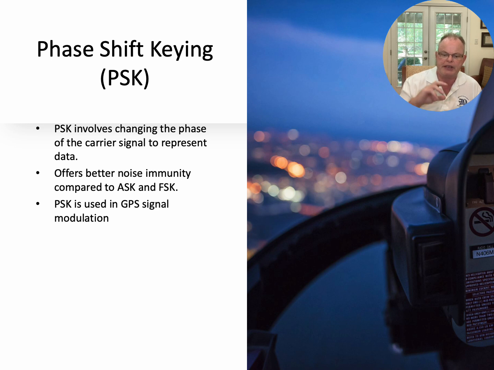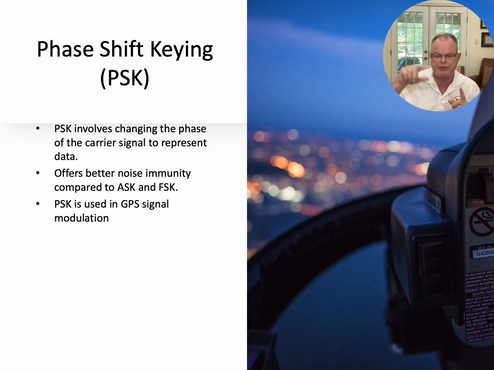Phase shift keying, you're actually changing the phase relationship. If signals are in phase or out of phase, then you can represent data with that. And the interesting thing is, with phase shift keying there are multiple relationships. You can have 2 signals that are in phase, 90 degrees out of phase, 180 degrees out of phase, or 270 degrees out of phase.